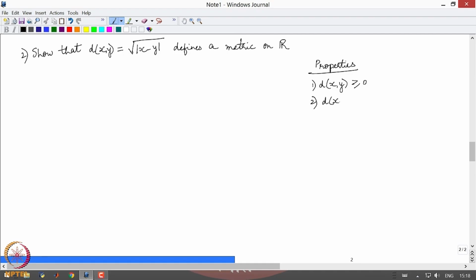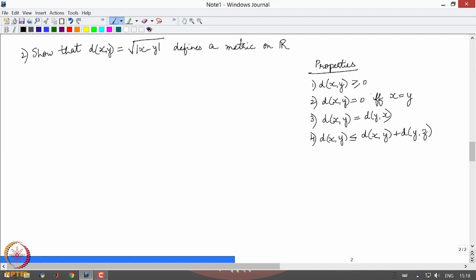The distance between x and y is equals to 0 if and only if x equals to y, and distance between x and y should be equal to distance between y and x, and finally the triangle inequality, distance between x and z should be less than or equal to distance between x and y summed with distance between y and z. Okay. So, for a metric to be valid, we said that these 4 properties should be satisfied.